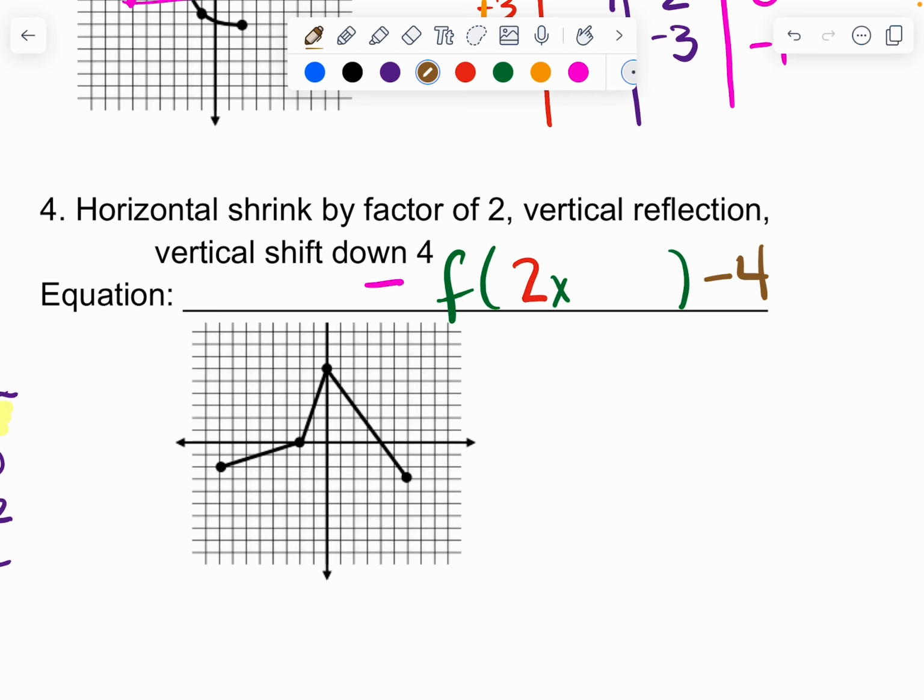Okay, so again, write down the points that we've been given. So 2, 3, 4, 5, 6, 7, 8. So -8, -2. -2, 0. 1, 2, 3, 4, 5, 6. 0, 6.